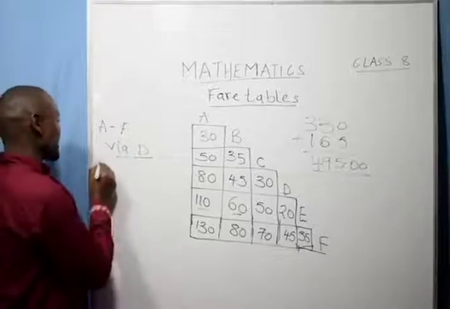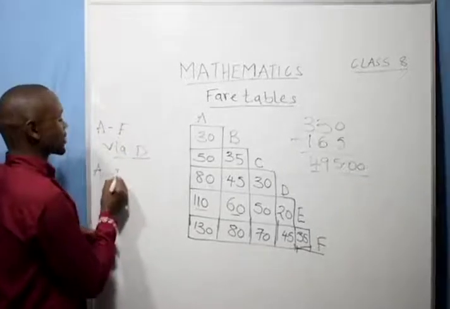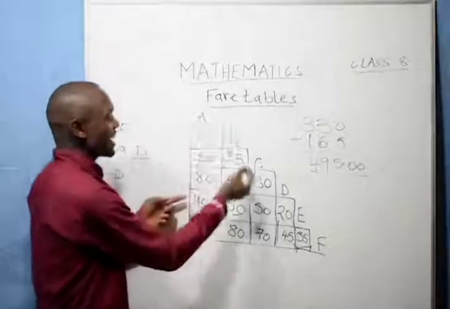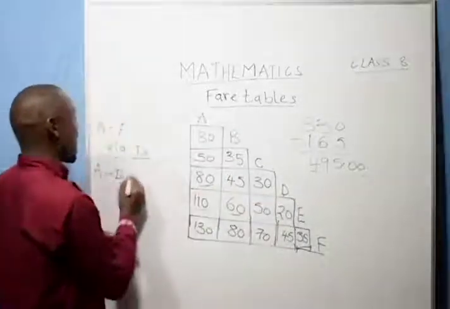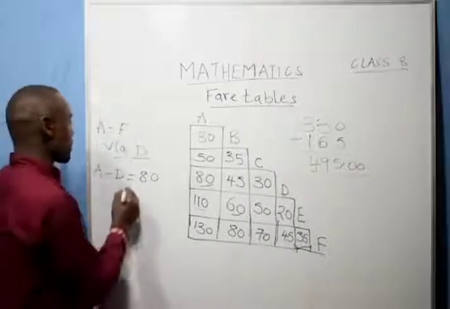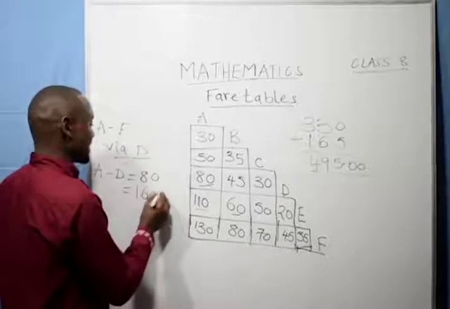We first get the amount of money they paid from town A to town D. From town A to town D, a teacher paid 80 shillings. And remember they are 2, so they both paid 160 shillings.